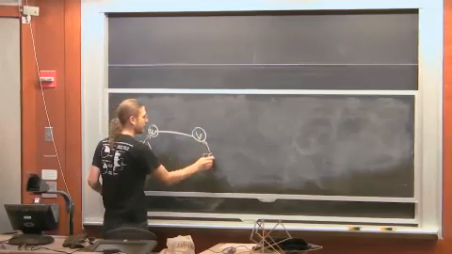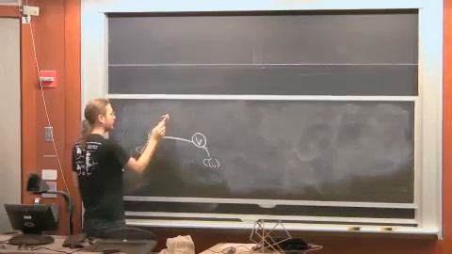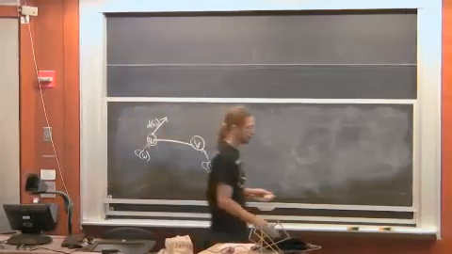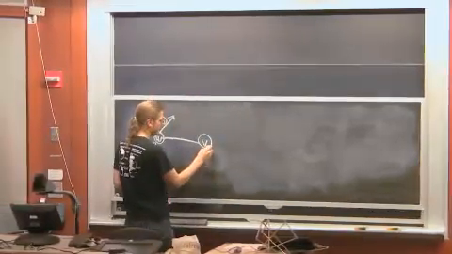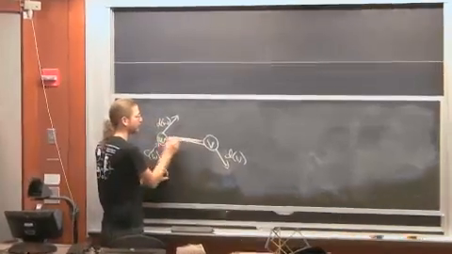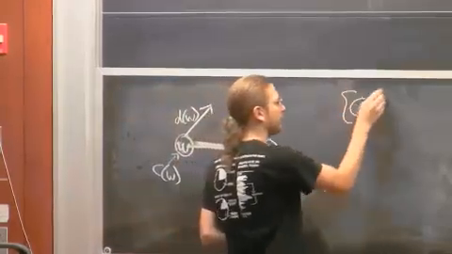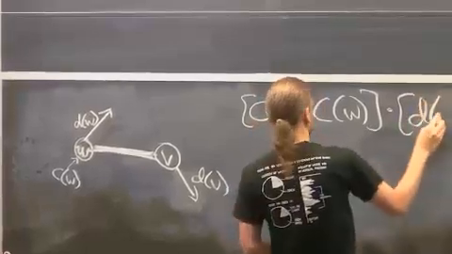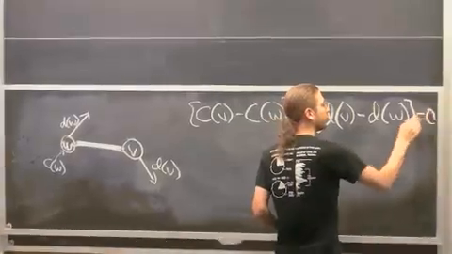This point is C of V. Then we were talking about if you have a velocity vector d of W and a velocity vector, say something like this, d of V, when it preserves the length of this bar to the first order. And the condition we had was C of V minus C of W dot product with d of V minus d of W equals 0.